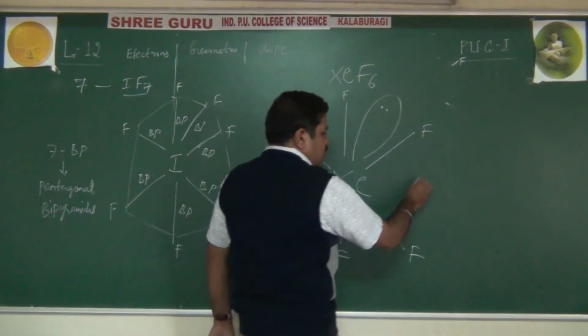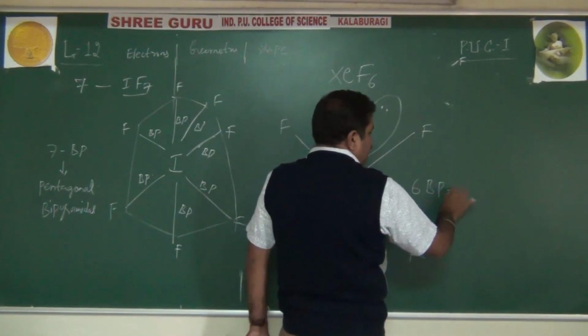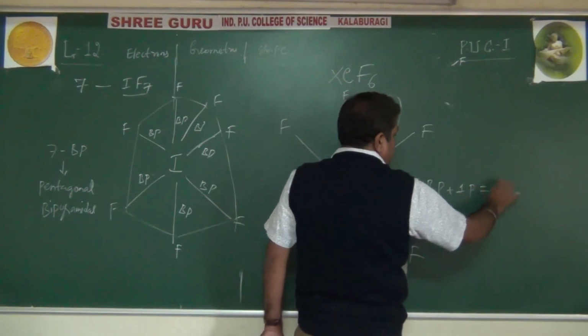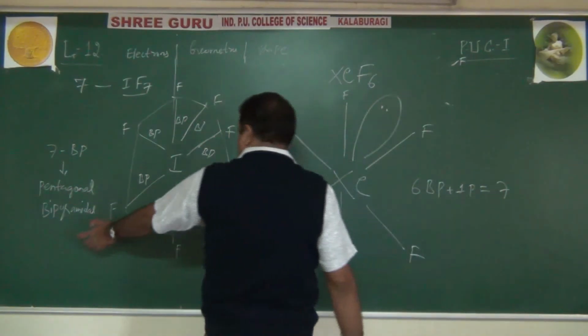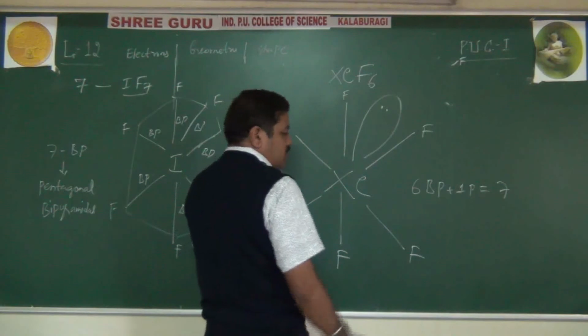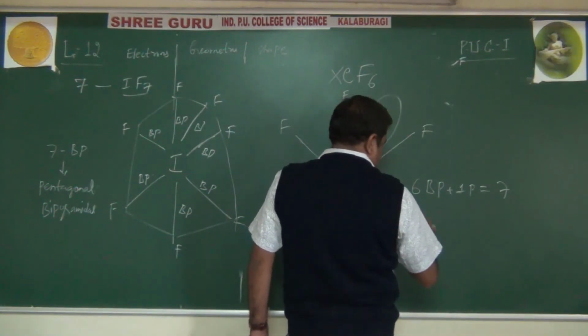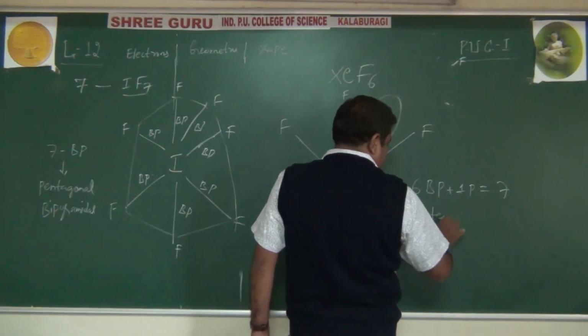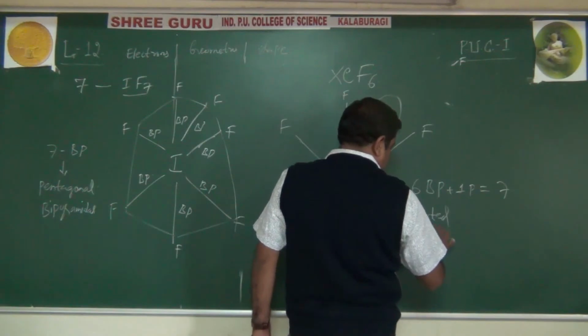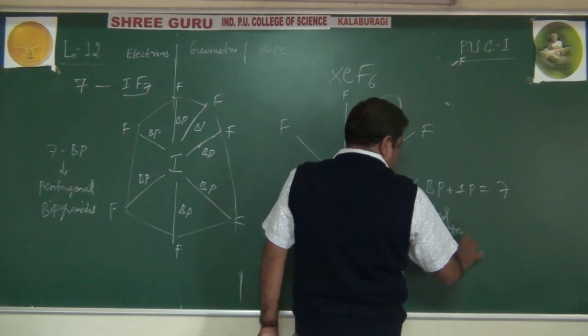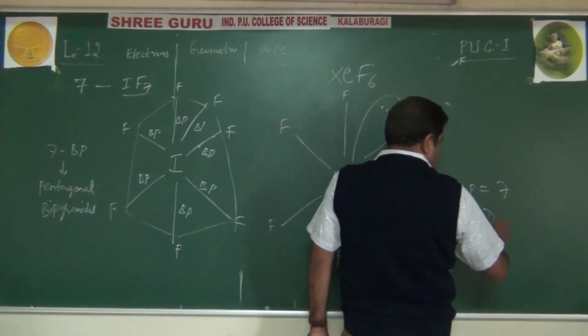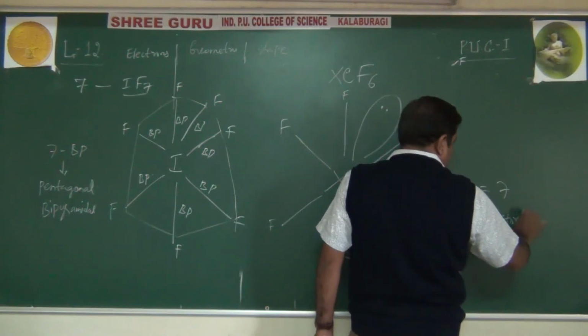So here 6 bond pairs and 1 lone pair. Total how many? 7. Actually it should be pentagonal bipyramidal, but it is a distorted, deviated geometry. Deviated geometry is what? Distorted octahedral. Distorted octahedral.